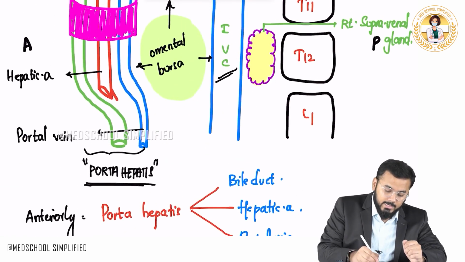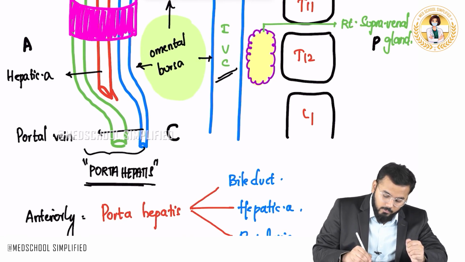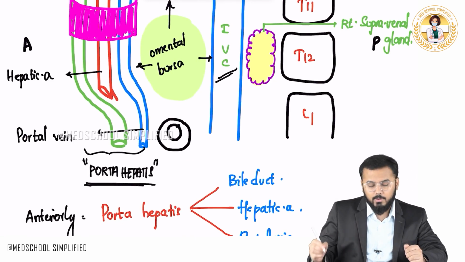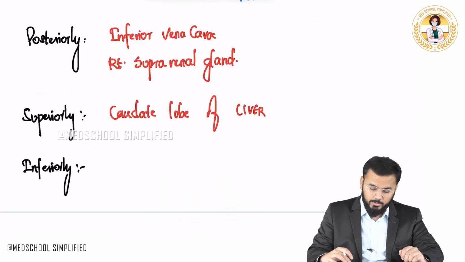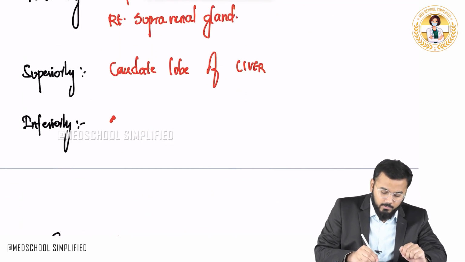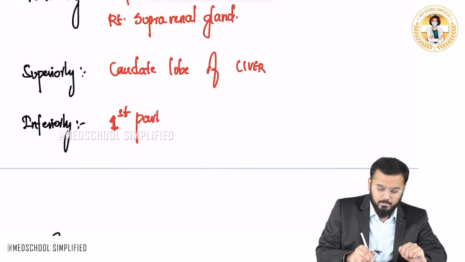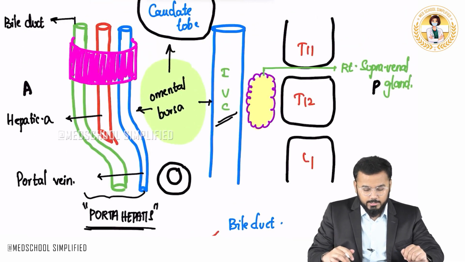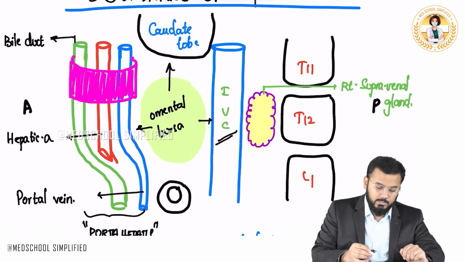Inferiorly, if you look here, I have one bowel loop. What is this bowel loop called? The first part of the duodenum. So inferiorly I have the first part of the duodenum.